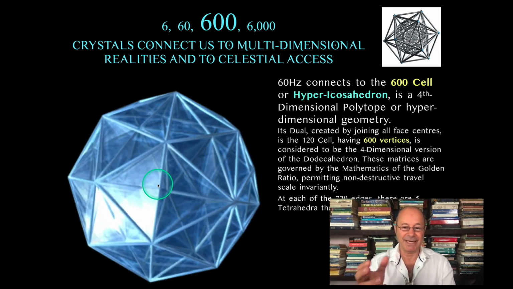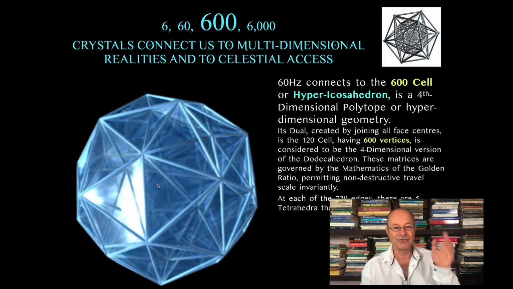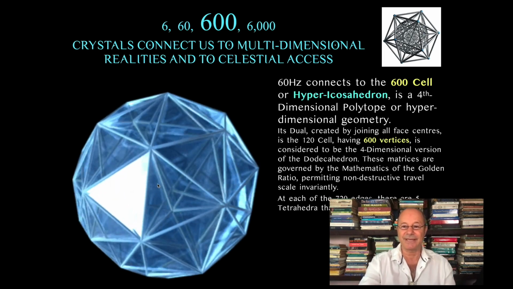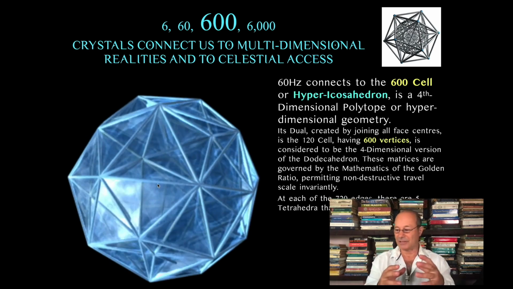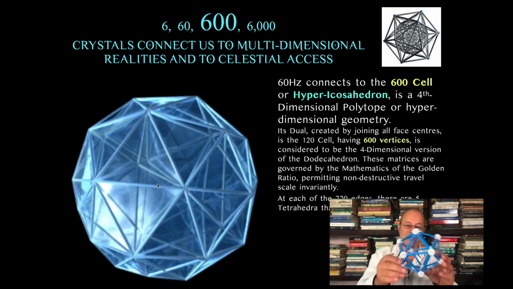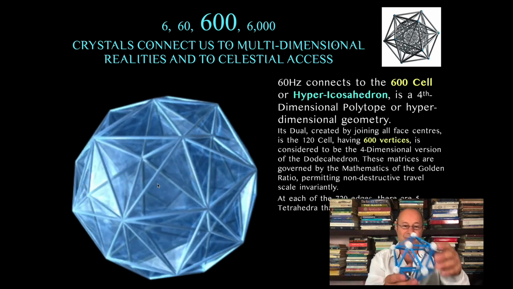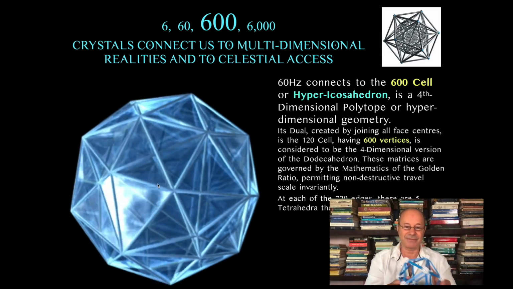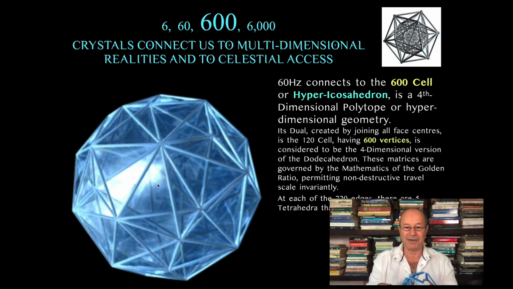But when we extend this knowledge from 660 to 600, we can see that the 4th dimension of an icosahedron, which is this shape here, has 20 triangles, but when we look at the 4th dimensional view of this, it has 600 prisms, and you can see it here as an animation.